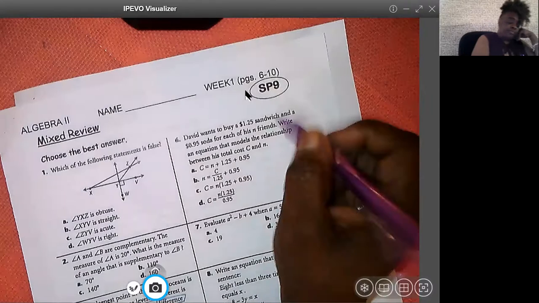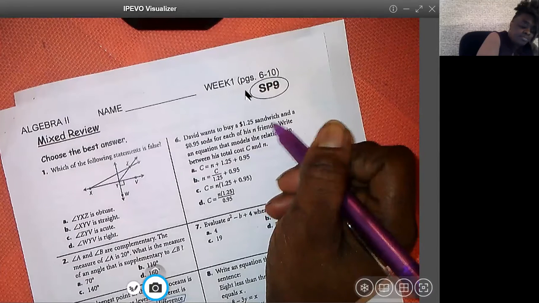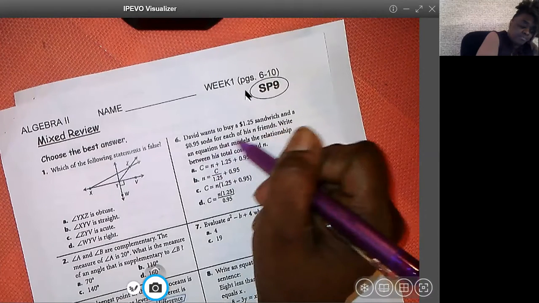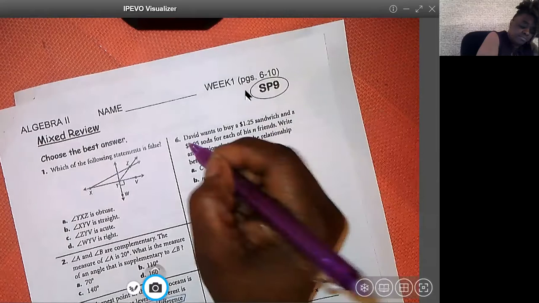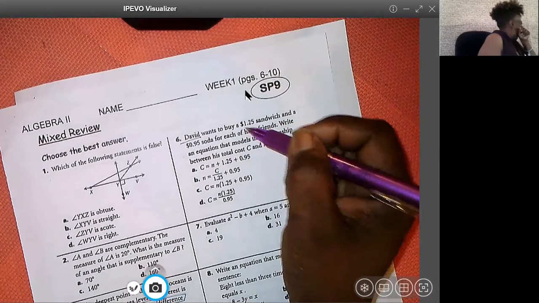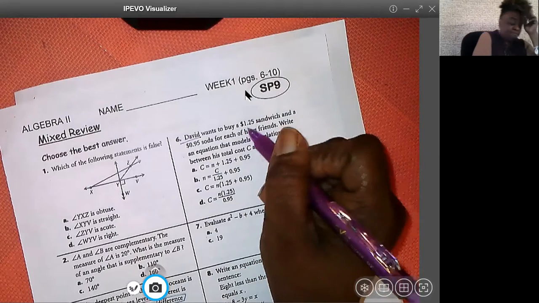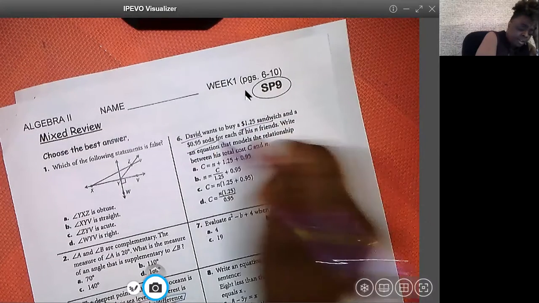And we'll look at our word problem. So David wants to buy a sandwich and a soda for each of his friends.